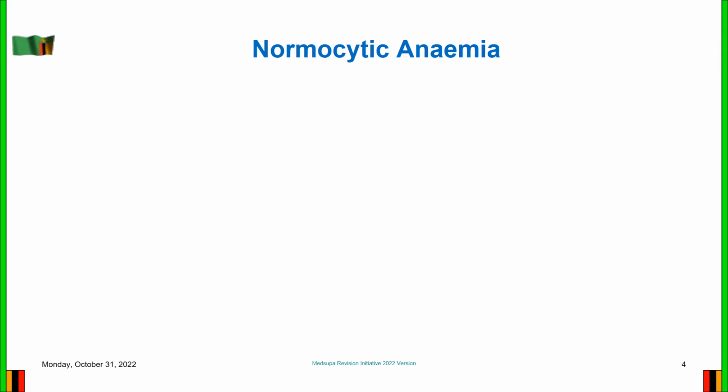When we talk about classification of anemia, it's very important to take note that when we are classifying based on size, where we are using the MCV, there are 3 types or 3 classes.